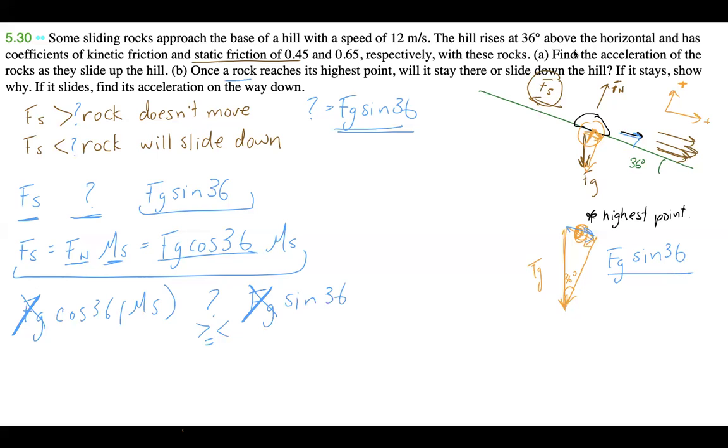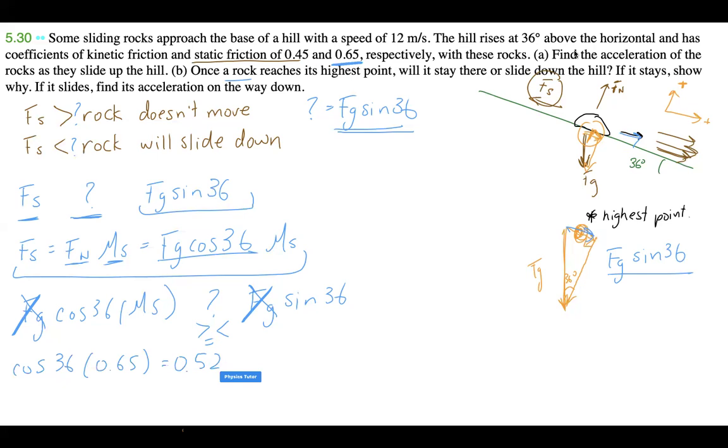All right, so now cos 36 times mu s, where mu s is 0.65, is equal to 0.52.